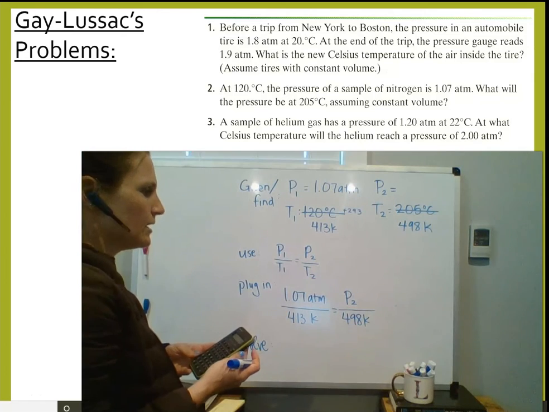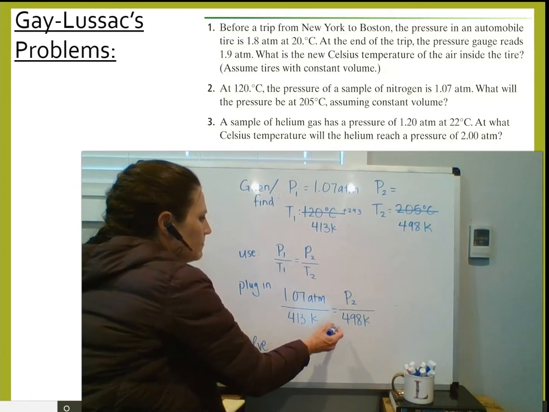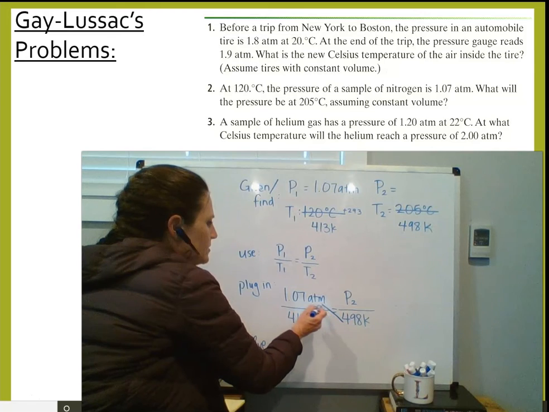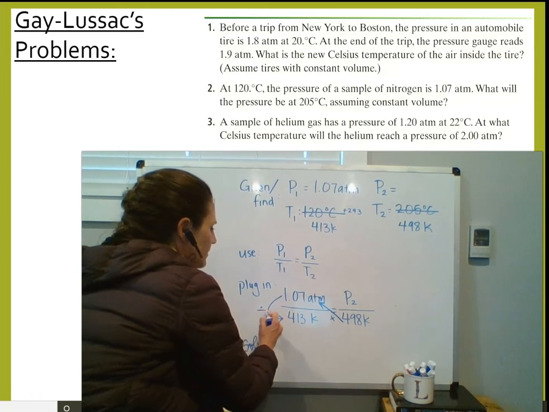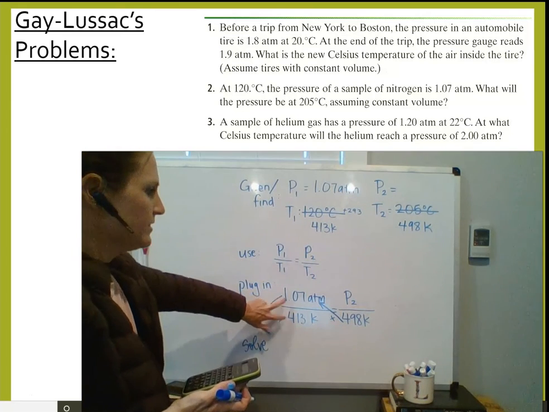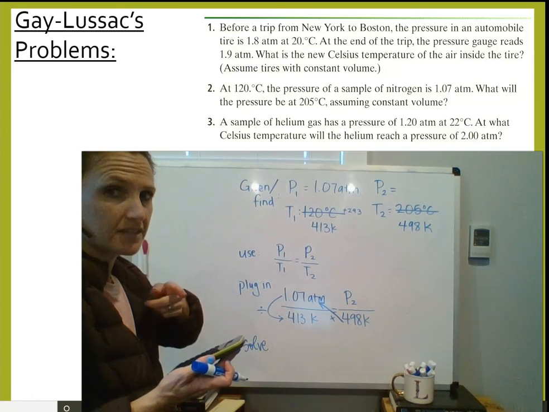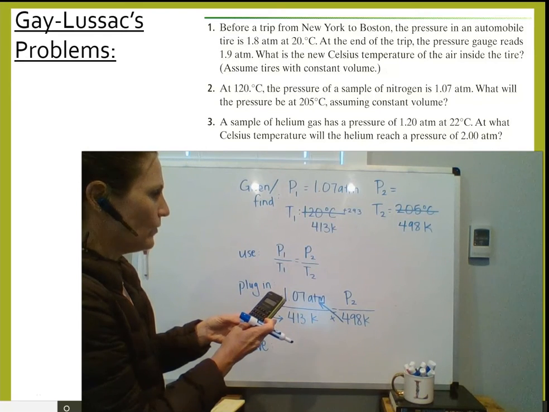So again, I'm going to plug this in with the cross multiply. This time a cross multiply is going to be these two multiplied together and then divide by the last one. Or sometimes people like to divide these two and then multiply by that one. That's the same math. So what I do, I always multiply my diagonal and then divide by what's left.